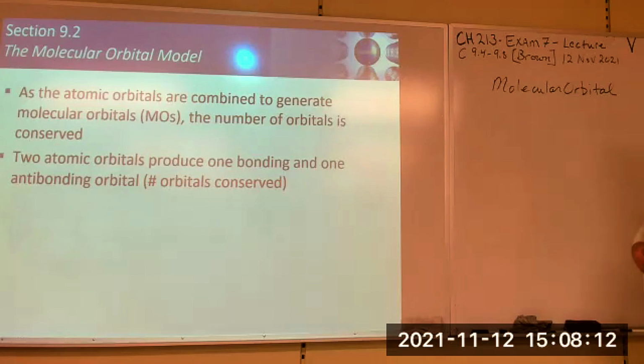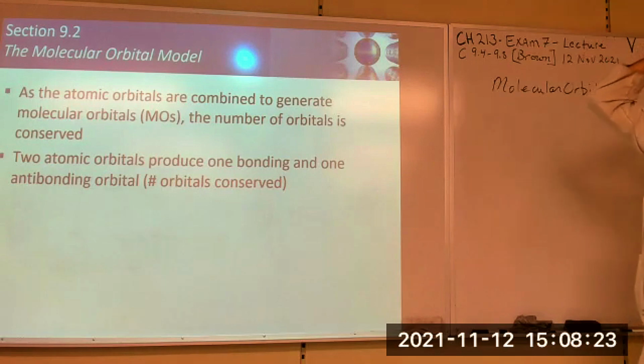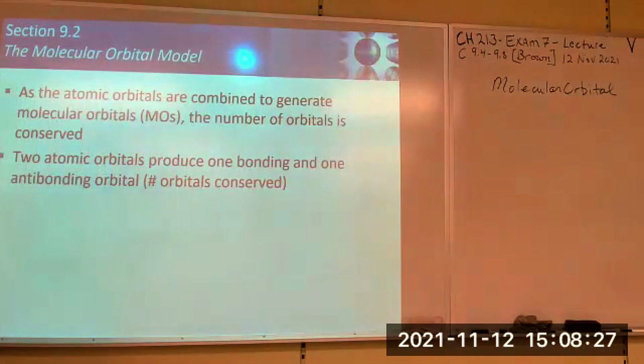How do we do that? Well, there's a concept we call bonding orbital versus anti-bonding orbital. And it's really not that complicated if you consider the bonding orbital to be the lower energy one and the anti-bonding to be the higher energy.